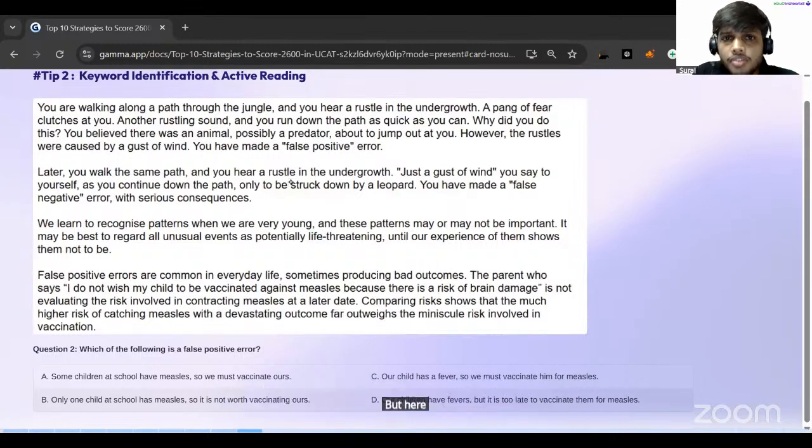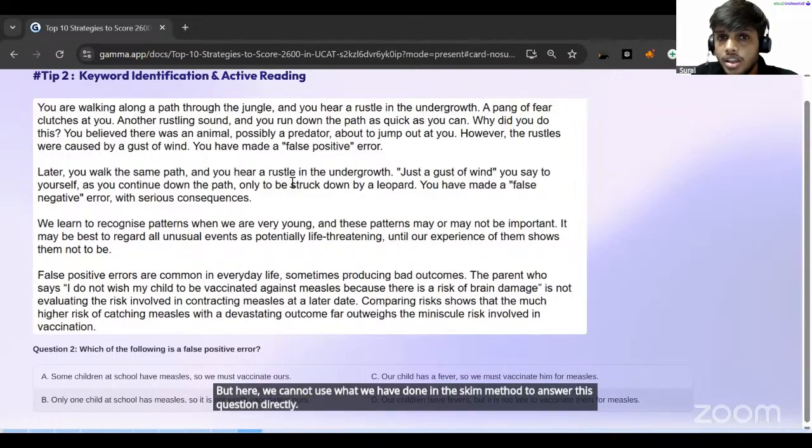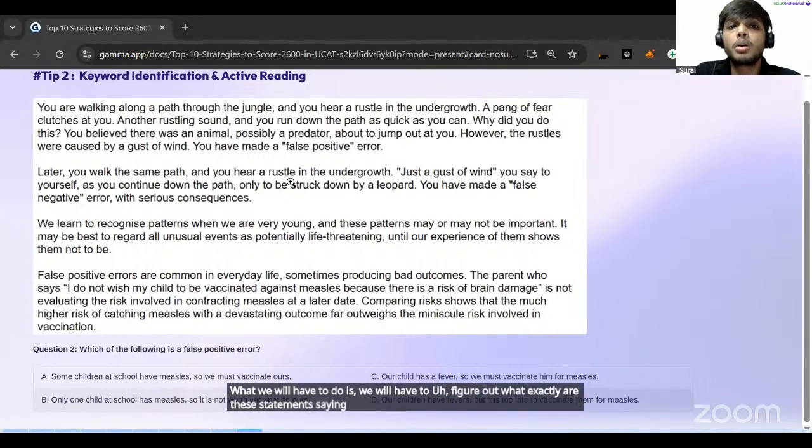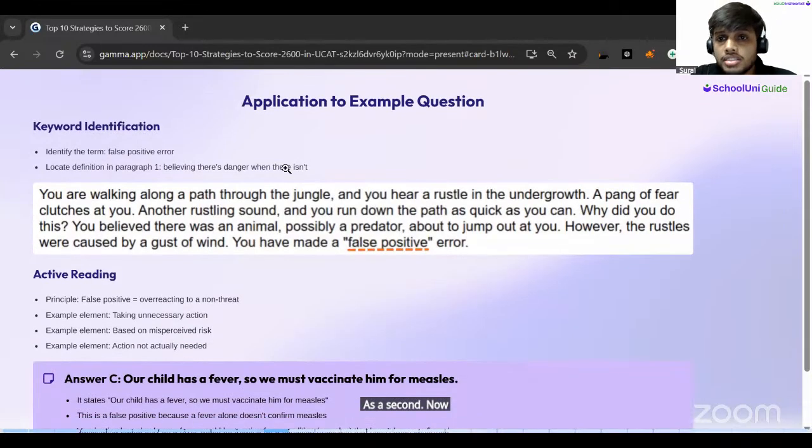But here we cannot use what we did in the skim method to answer this question directly. We will have to figure out what exactly these statements say. For this, you require active reading as a second tip. We are going to understand from the first line what exactly this passage is trying to tell us.